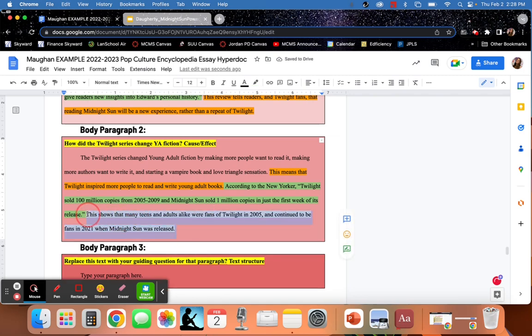This one, my orange highlight didn't show up very well. This one, I'm saying this shows that many teens and adults were fans of Twilight in 2005 and continued to be fans in 2021 when Midnight Sun is released. So you can see once again, I've showed the cause and effect relationship. Because there were so many fans that grew up, that's why Midnight Sun has so many fans now.